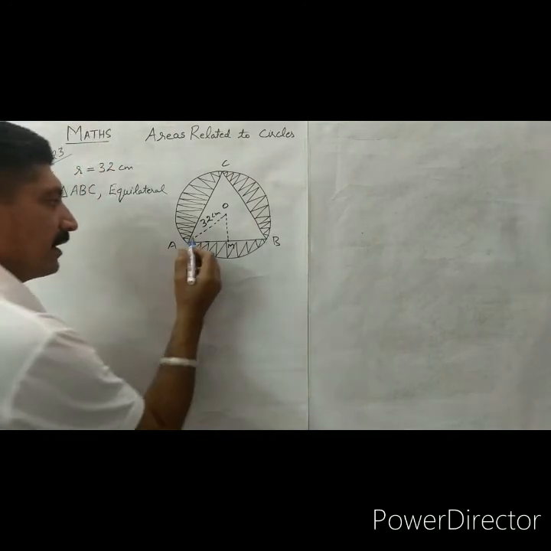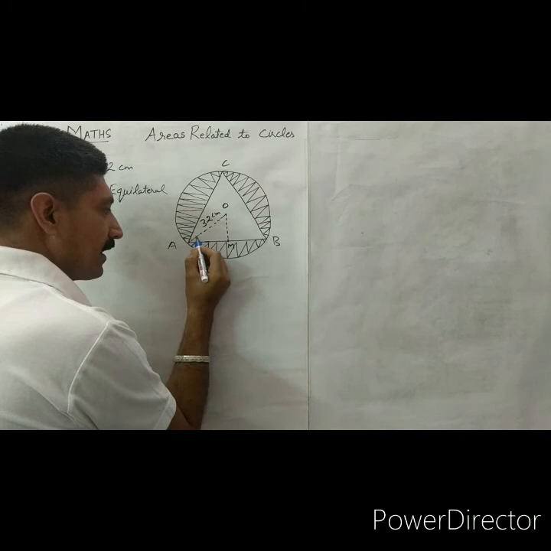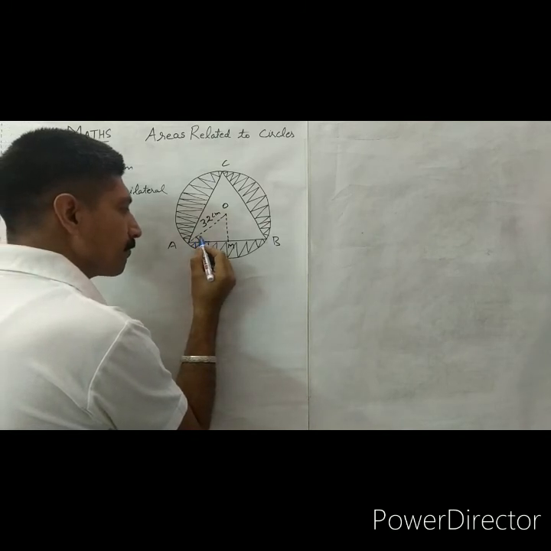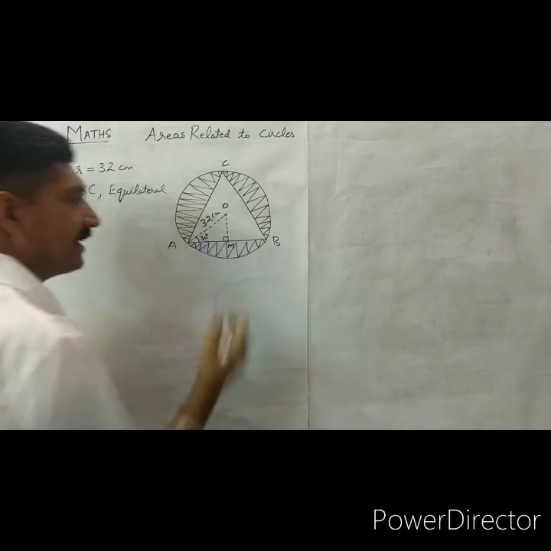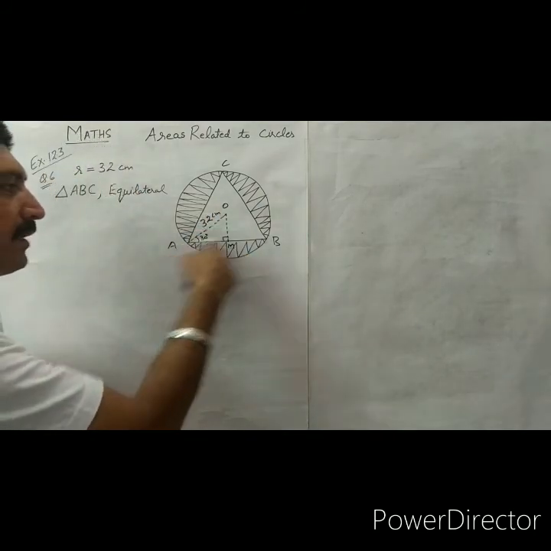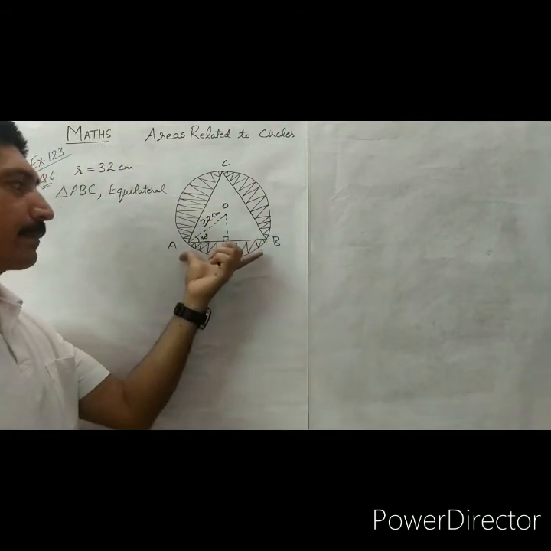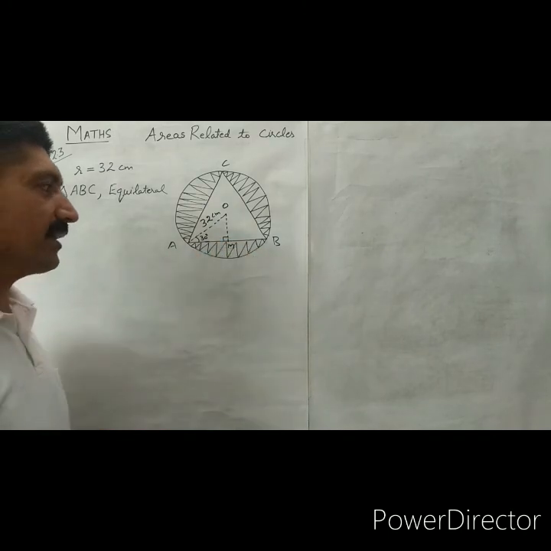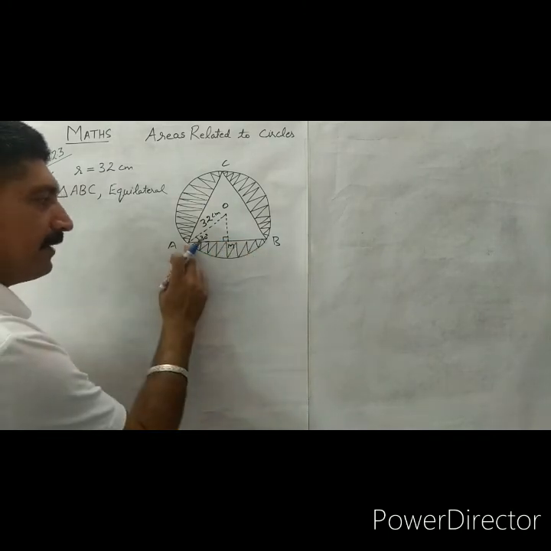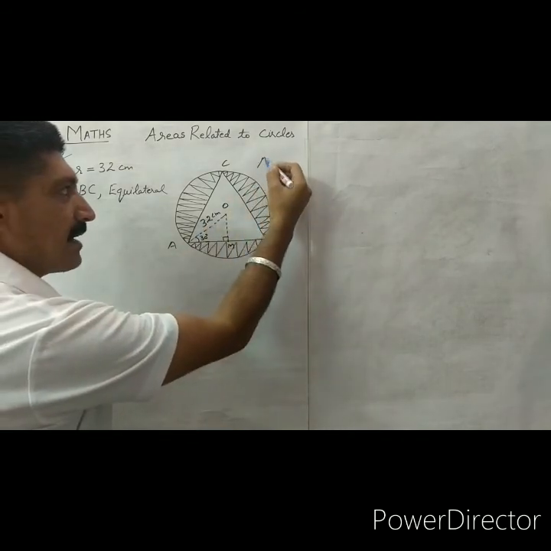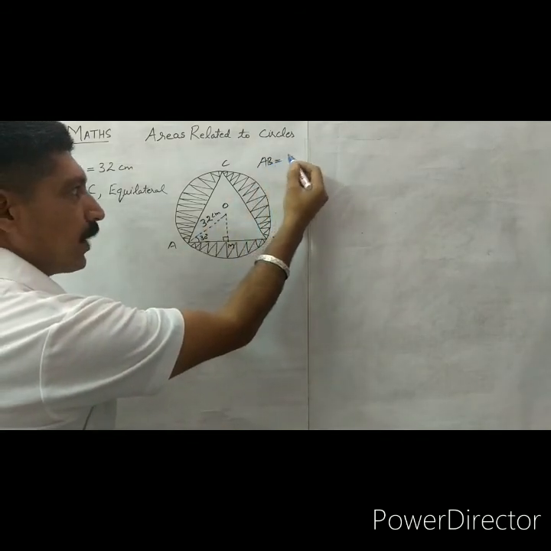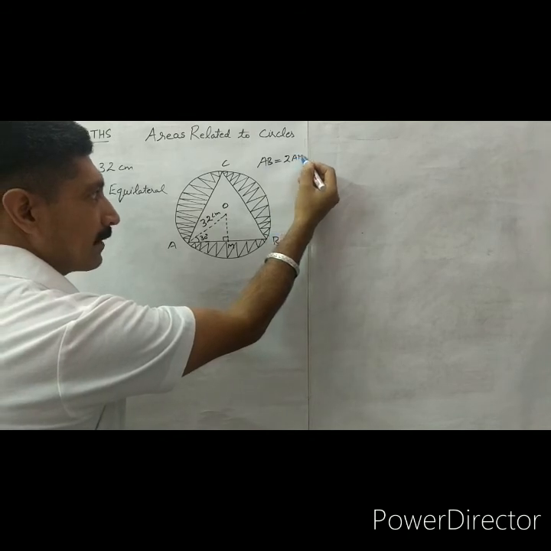So here this angle is of 30 degree and here it is 90 degree. OM is perpendicular to the chord AB. So by applying trigonometry here, we can find first AM, and AB is twice of AM here.